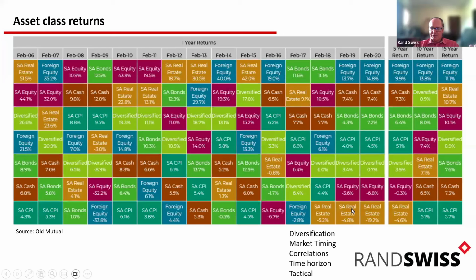When foreign equity is on top, SA real estate is at the bottom. And I haven't even looked at the correlation between the two to make the point. I'm just trying to show you that there are these forces underlying that may or may not be happening. It tells a story about time horizon, and it tells a story about tactical asset allocation that we've just had, and others. I just put 5 points down here.